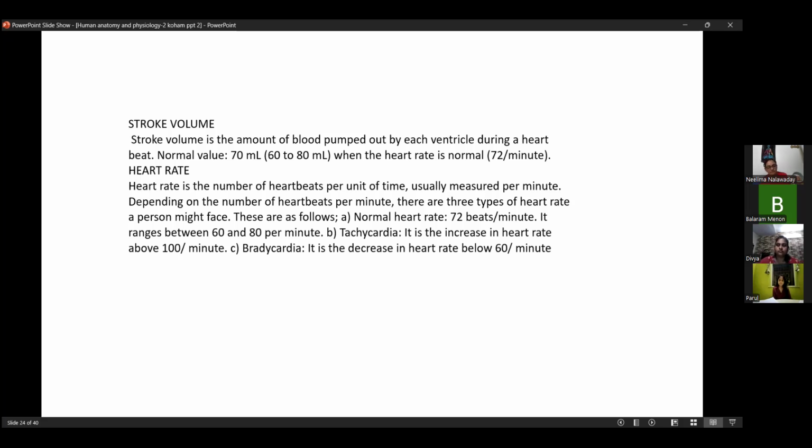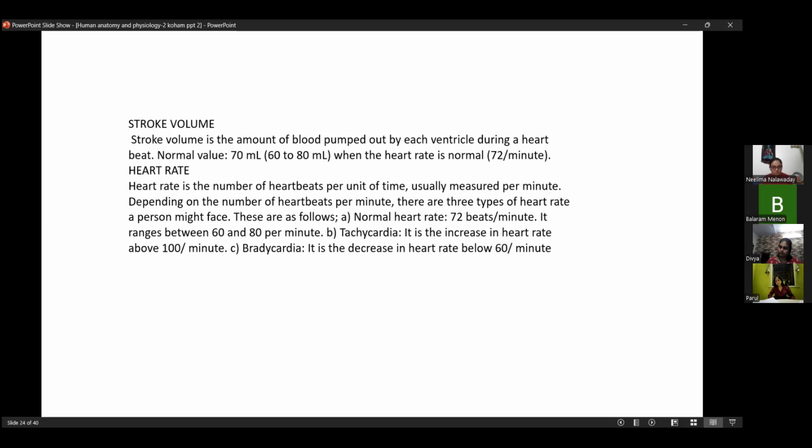And if it is running fast, then it is called tachycardia. If it is slow, less than 60, it is bradycardia. Then it is related with pumping of heart. Heart is not pumping properly, or it is pumping very fast, or contraction of ventricles happening very fast or very low. On that, it depends.